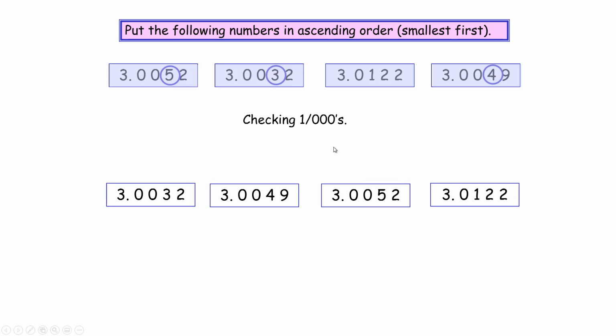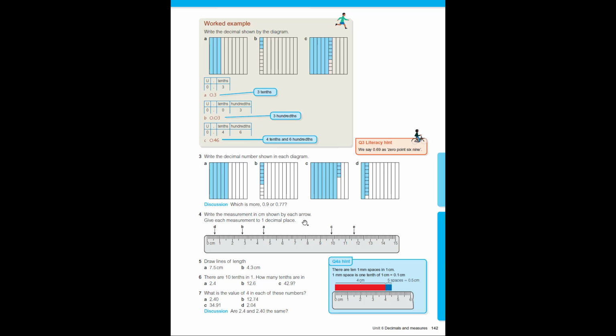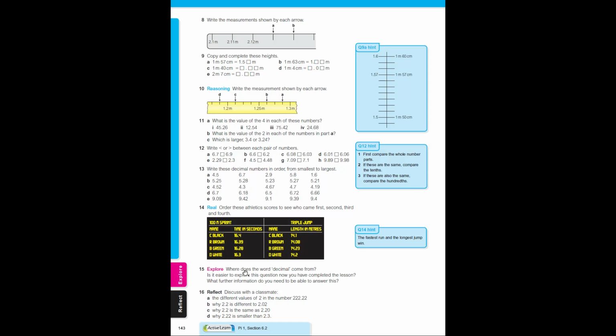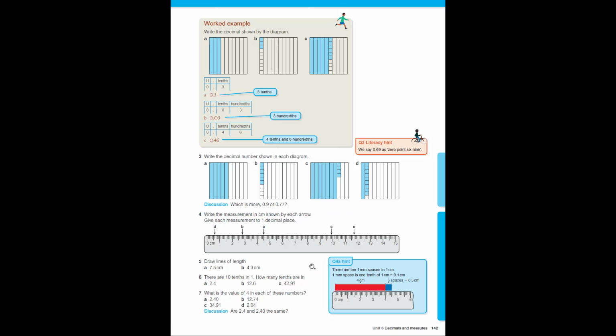Okay, so I want you to copy this example. Once you're done, I've got some classwork for you. So classwork, I want you to work from question 3 to question 15. On this first one, question 3, we're using the grid, which represents a whole number.